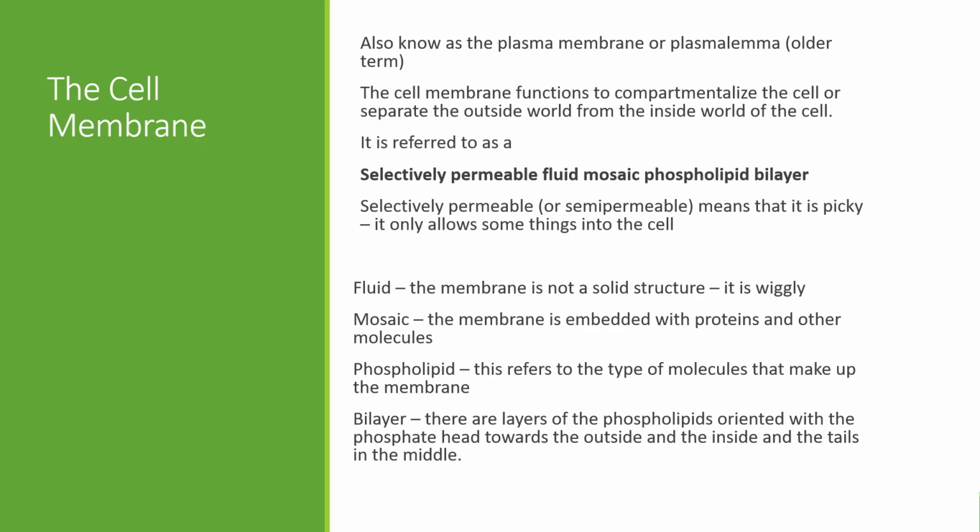However, some structures for specific cells use part of that name. Let me give you an example. When we study nervous cells, neurons, part of the cell membrane of a neuron is called the neural lemma. So they use that plasma lemma idea, and that's why I like to throw it out there.